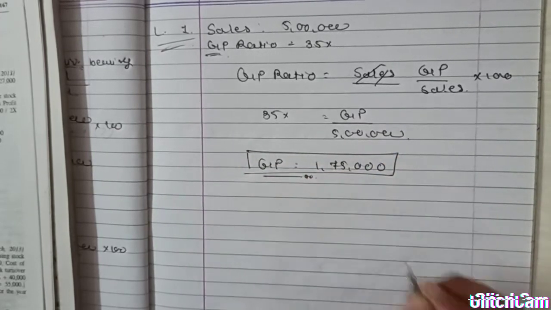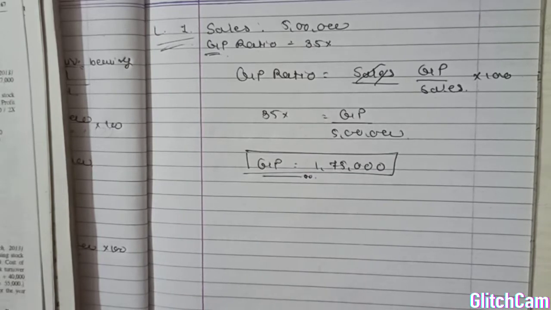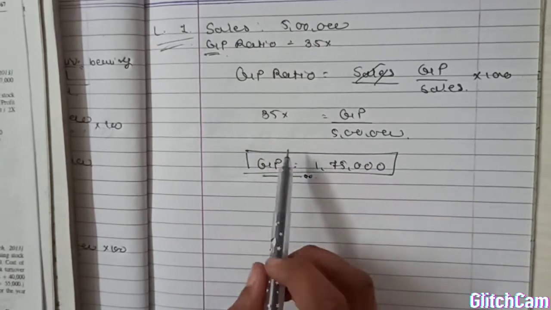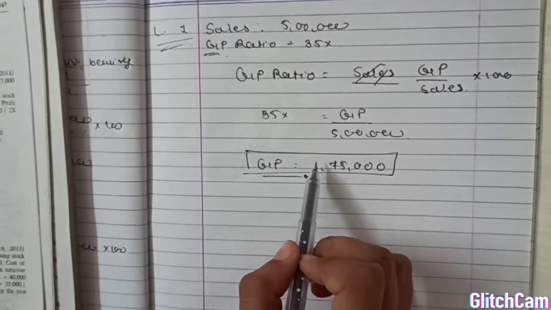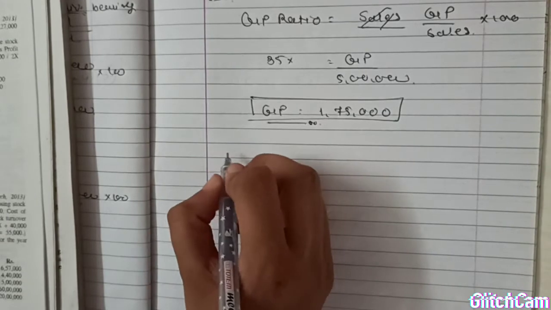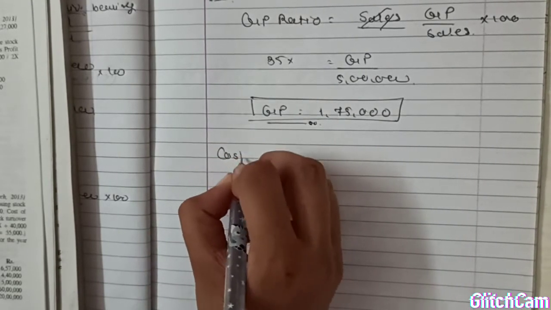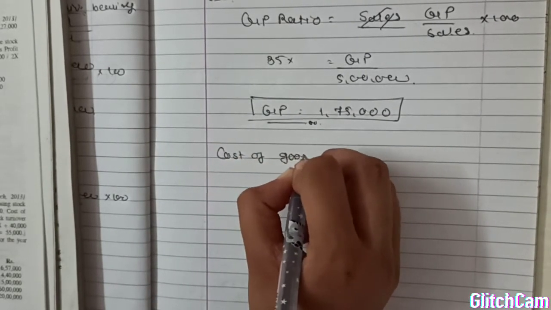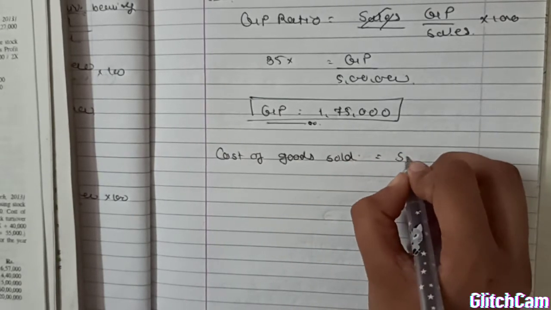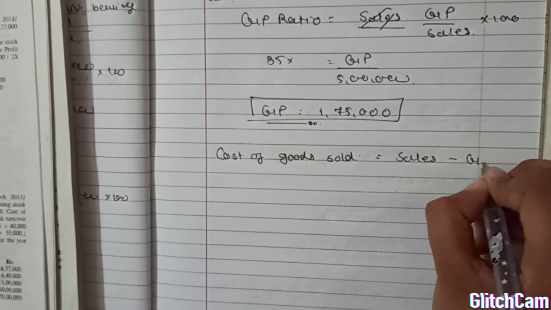This is all the information we require for the calculation of the opening stock, closing stock and creditors, right? So we have got the gross profit. Out of that we have to find out the cost of goods sold. Cost of goods sold is equal to sales minus gross profit.